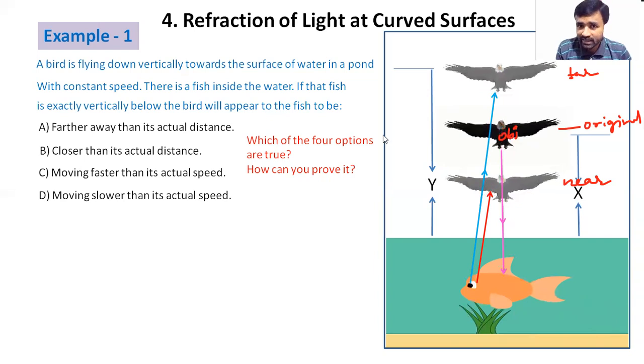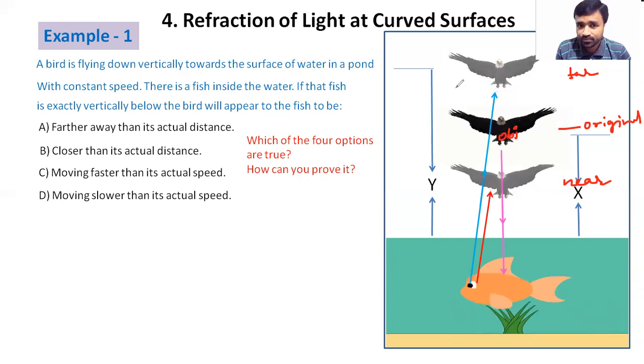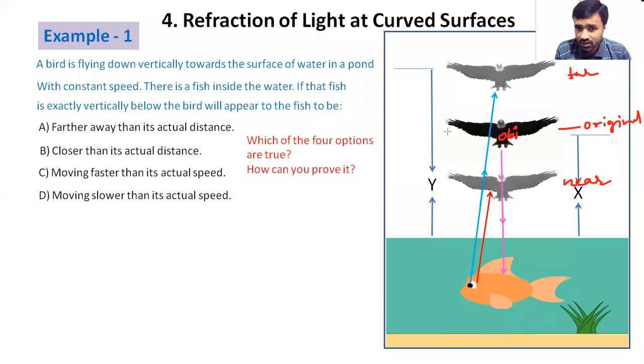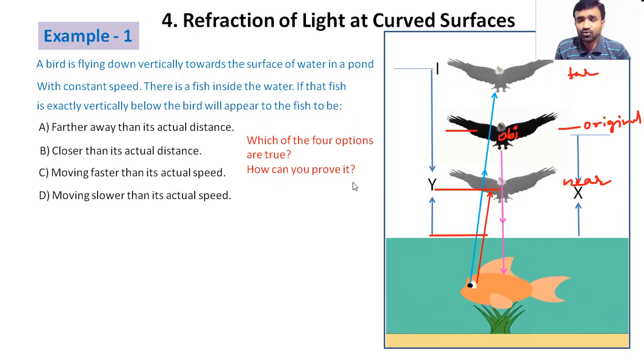For all three positions of the bird that I consider as the image, I am taking the distance as y. How can you take that?